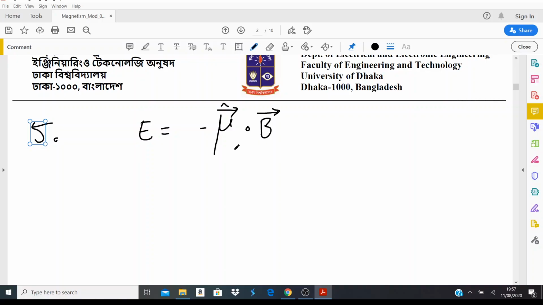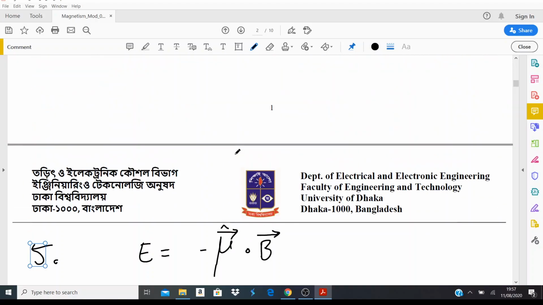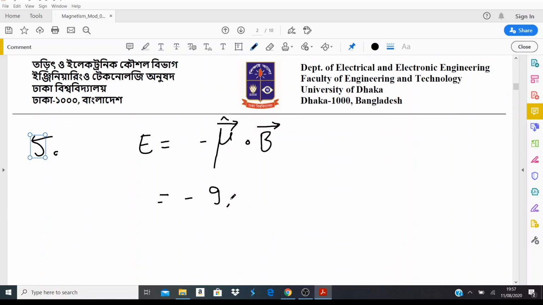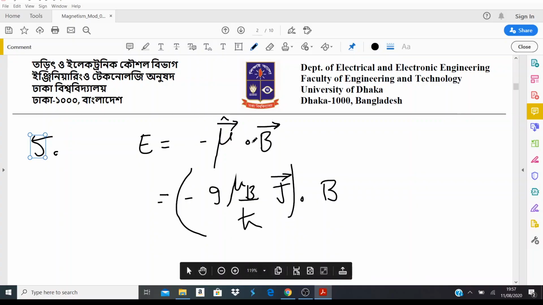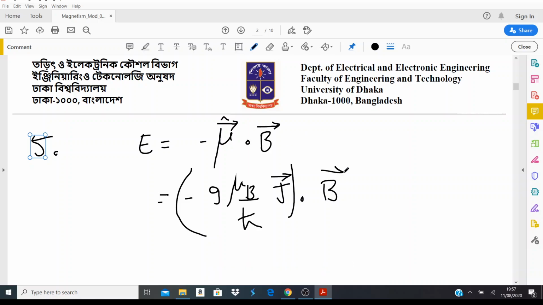That's a vector, and inside that vector what we have is g mu B by h bar, and then we have J, so that's like our magnetic moment operator, and then we dot it with the magnetic field.